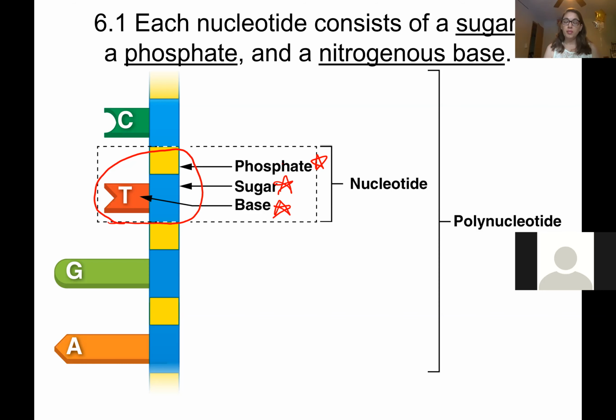That's literally what the name deoxyribonucleic acid means. Deoxy is referring to the sugar, ribo is referring to the base, and then you have that phosphate backbone. So always remember the three components of a single nucleotide: phosphate, sugar, and base.